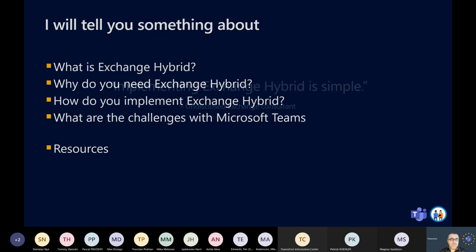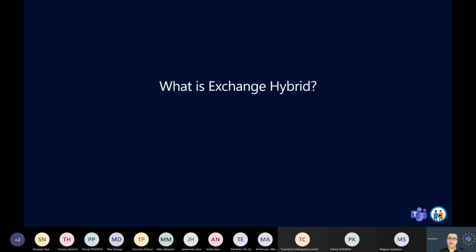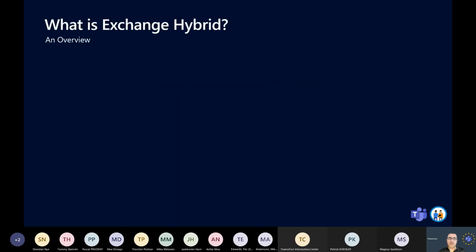So, well, there are some Exchange consultants that say that implementing Exchange Hybrid, as always, it depends on the situation, because it depends highly on your on-premises environment, and if it's easy or it's not, you will see. So what is Exchange Hybrid?